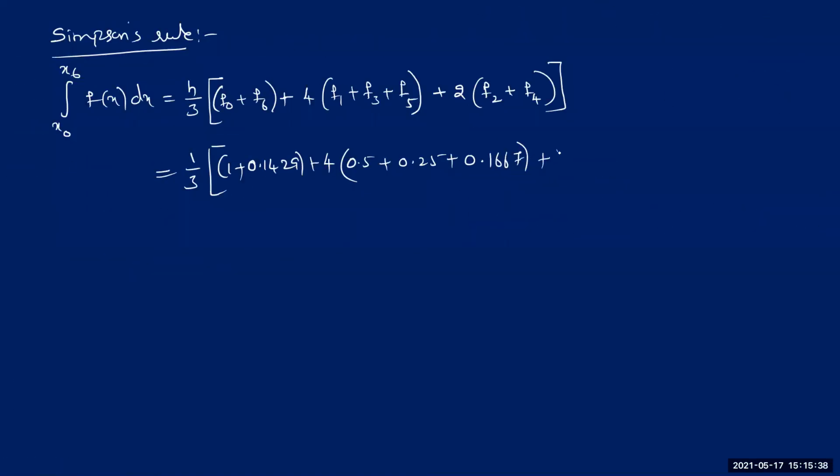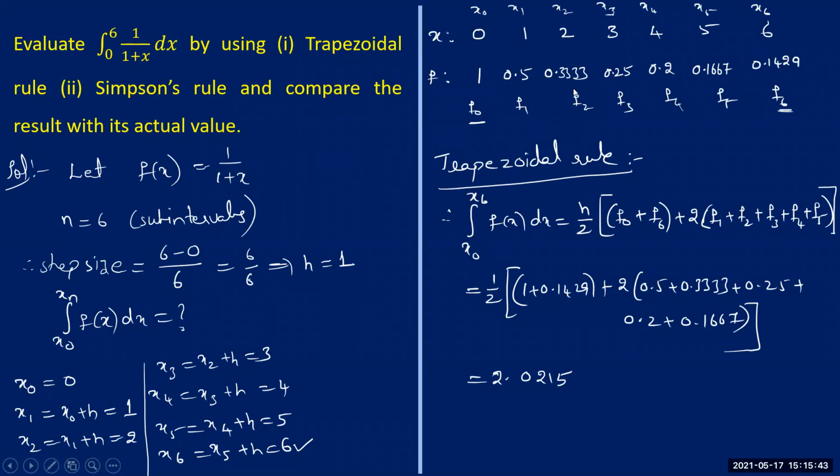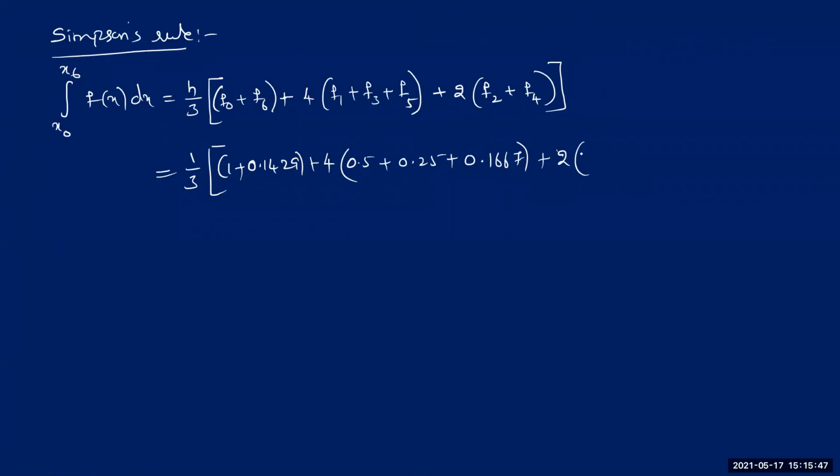Then what you have here is 2 times f2 plus f4. See how much it is. F2 is 0.33 and f4 is 0.2.